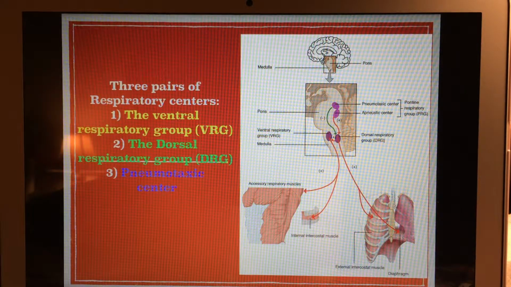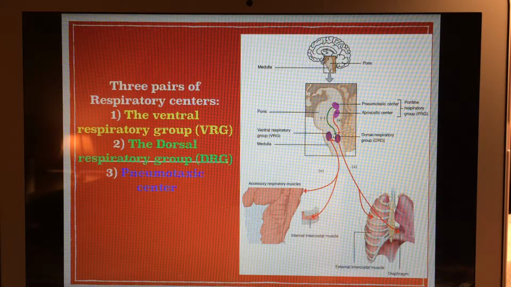This is where it shows how often we are inhaling. In the ventral respiratory group, neuron circuits produce a respiratory rhythm of about 12 breaths per minute.